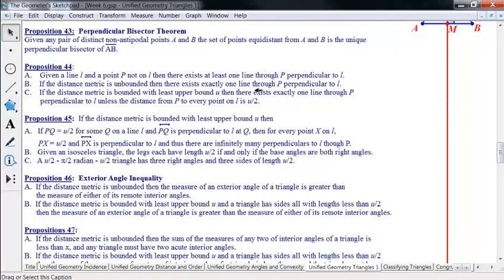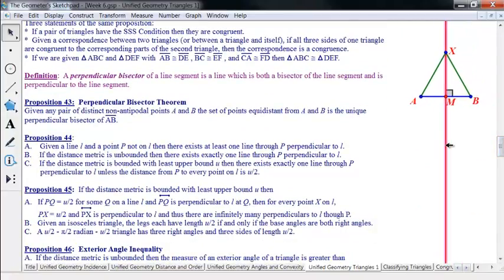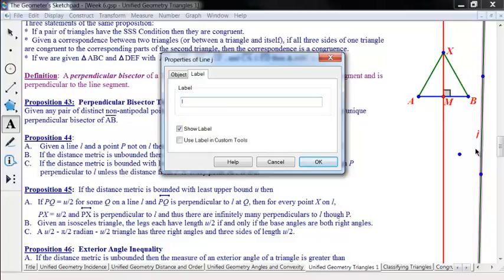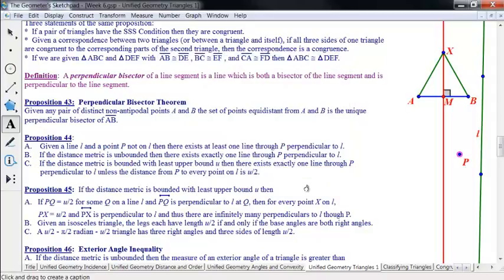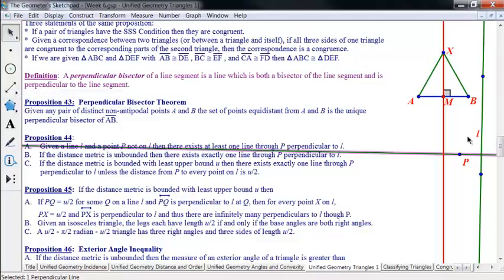Given a line and a point not on the line, there exists at least one line through P that's perpendicular to the line. We said earlier that if we had a line and a point on the line, there's exactly one perpendicular. But this says if we're given the line L and a point P that's not on the line, we should be able to construct the perpendicular line there.